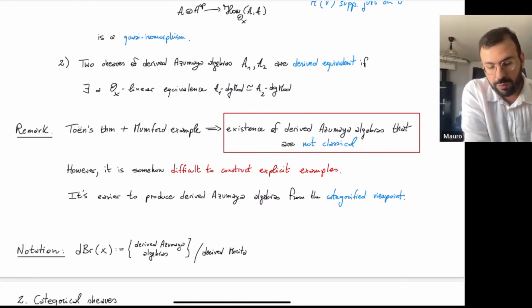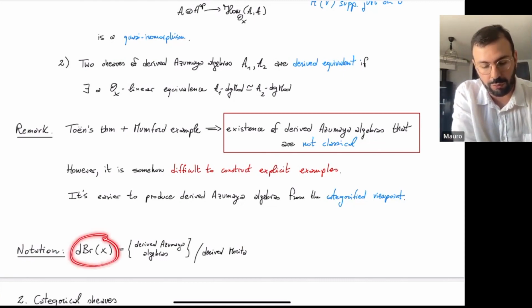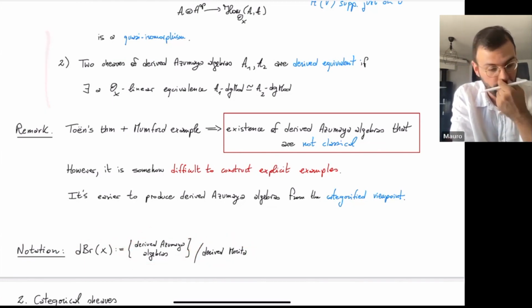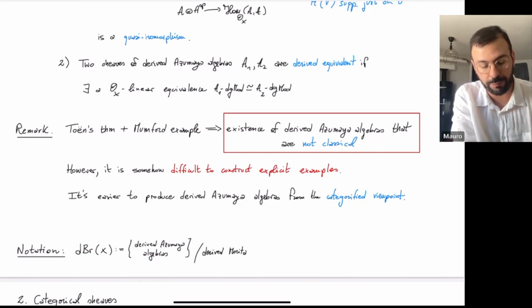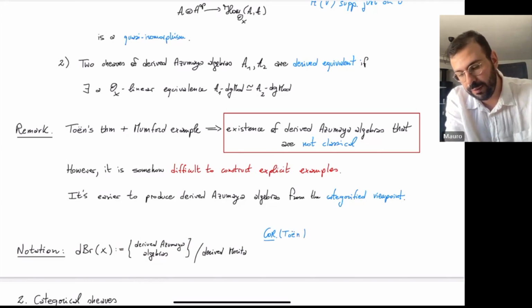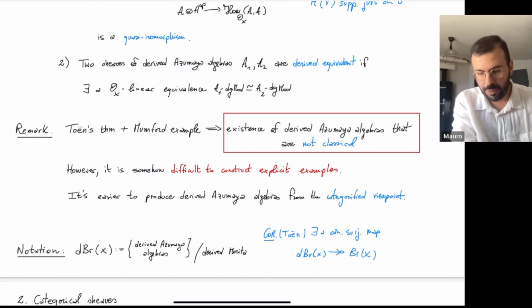But before getting into that, let me just fix the notation. I will use the derived Brauer group to be derived Azumaya algebras up to derived Morita equivalence, which is exactly the same definition of the Brauer group we gave before. And so in these terms, we could write a corollary due to Toën, which is that there exists a canonical surjective map from the derived Brauer group to the classical Brauer group.